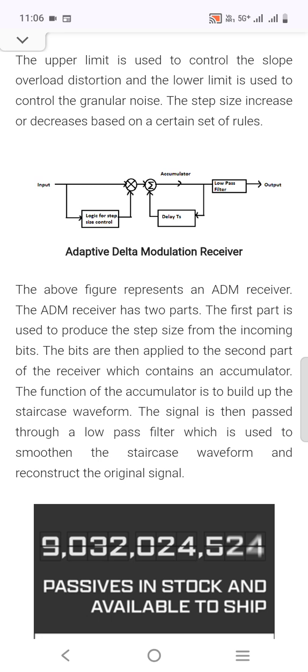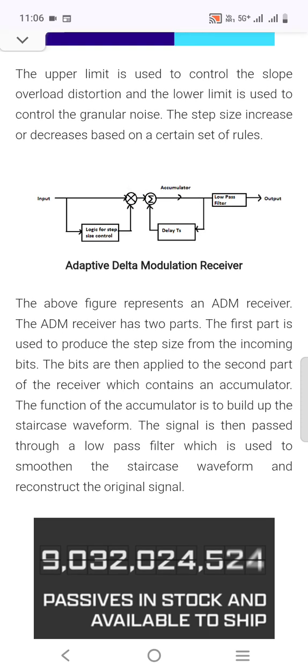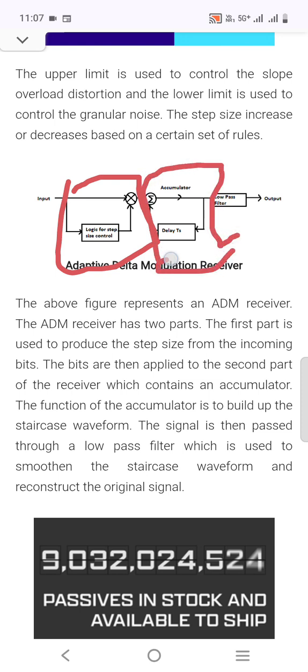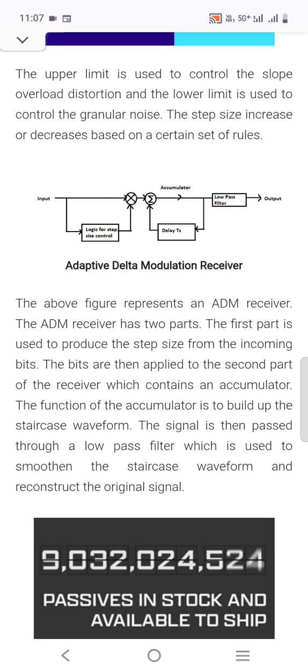The above diagram represents the ADM receiver. The ADM receiver has two parts.